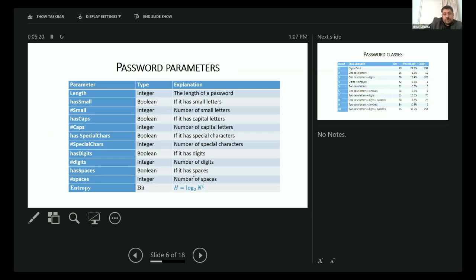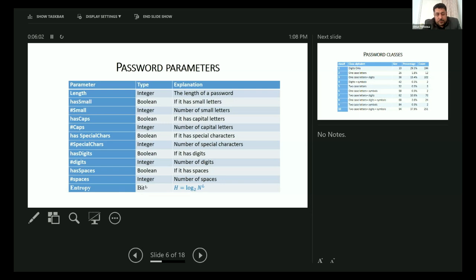The parameters of the password are basically the usual suspects: the length, meaning how many characters there are, and whether it has small characters, capitals, special characters or symbols. Some are integer parameters, like how many, and some are Boolean parameters, whether it exists or not. Finally, we have entropy, which our invited speaker talked about, the measure of information in the data source.